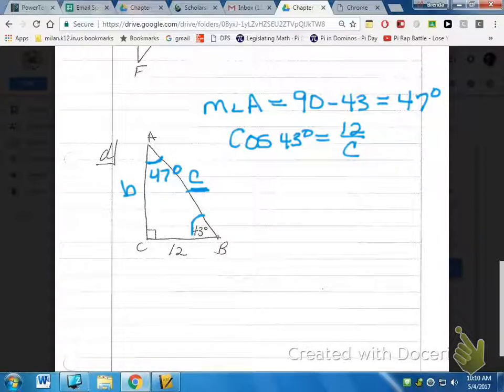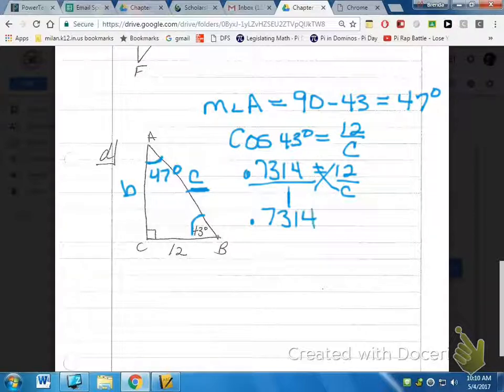I have the angle measure. So we're going to do cosine of 43 degrees in my calculator and get 0.7314 equals 12 over C. Remember to put this over 1 and you cross multiply. So 0.7314 C equals 12.